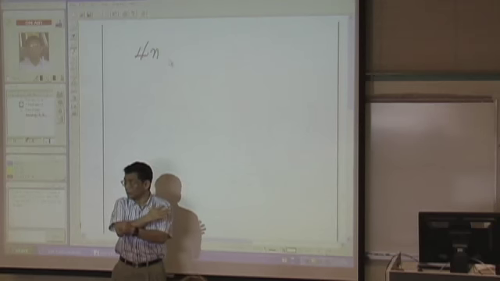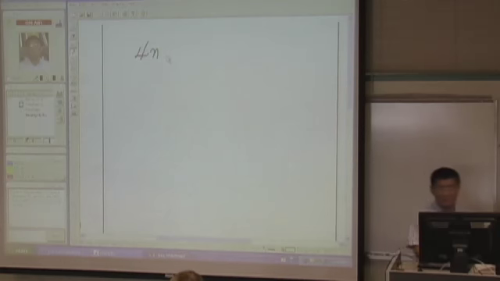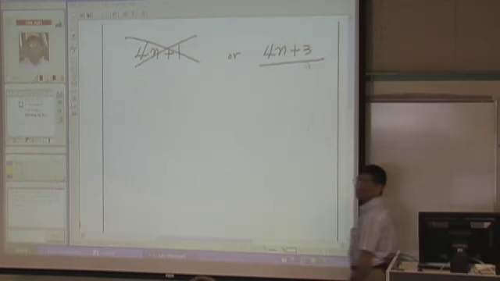We can extract 2. So only cases that we can consider is 4n plus 1 or 4n plus 3 case. But because it's tough, we only cover this case.